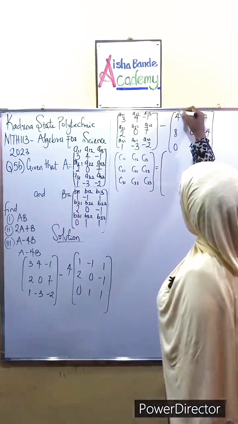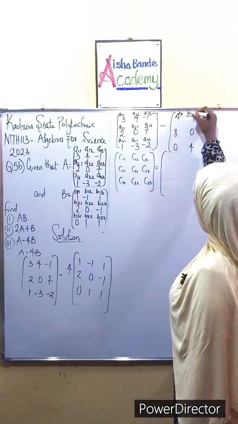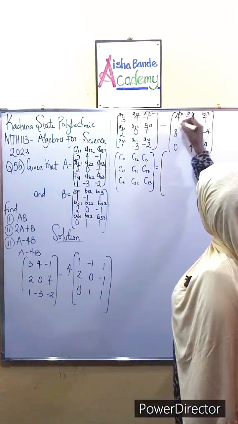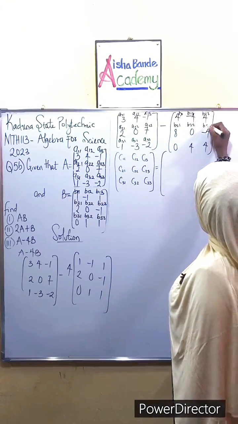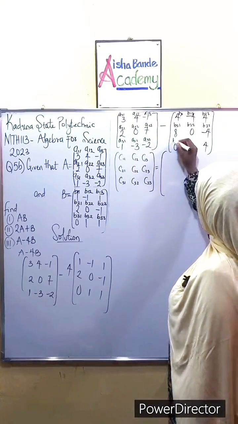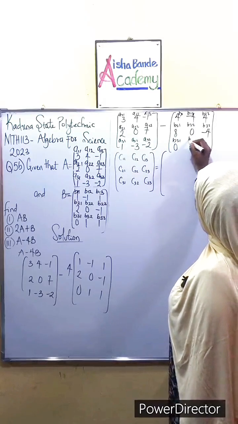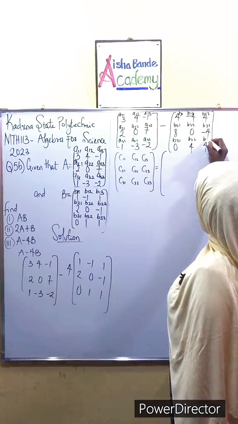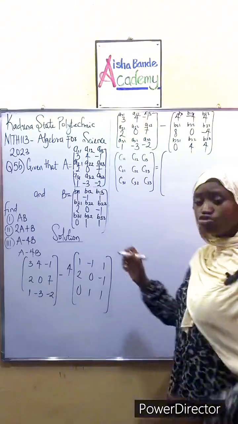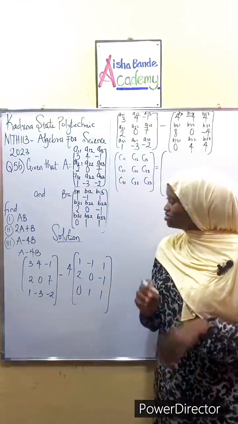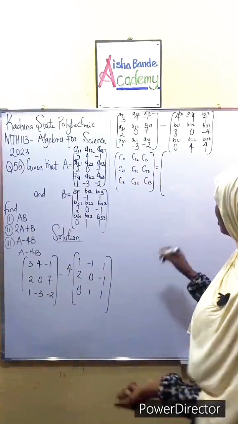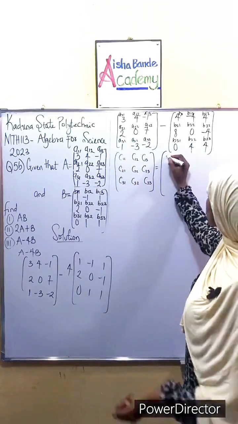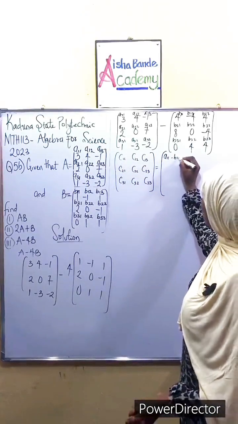Then moving on to the next one, this is B11, B12, B13, then B21, B22, B23, then B31, B32, B33. Once you know how to label it correctly, you have solved like 50% of the problem under these matrices. Okay, so for us to get our C11, it's going to be A11 minus B11.